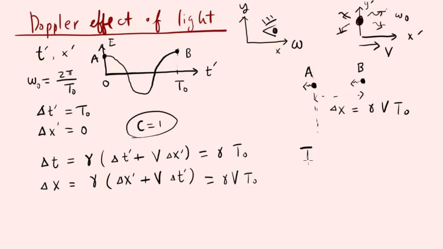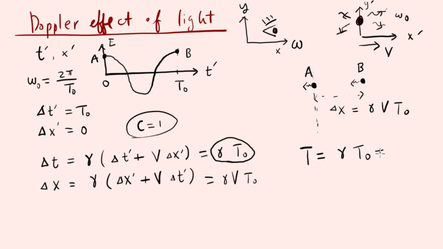So what that means is that the period that is measured in this unprimed coordinate system is given by this guy right here, gamma t0, which is the time difference here. But we must wait some more, because why? Because the light source is moving away from us, and so there is this separation in space, delta x.